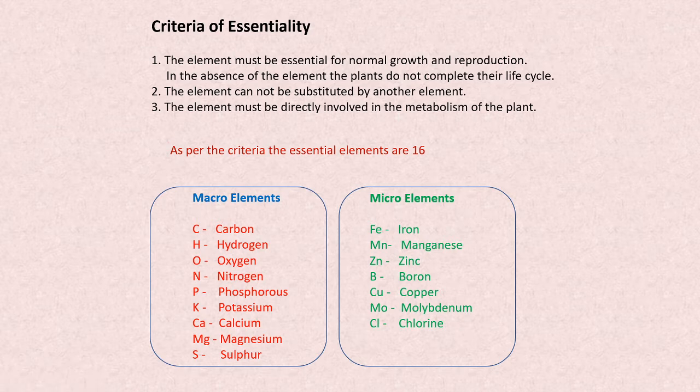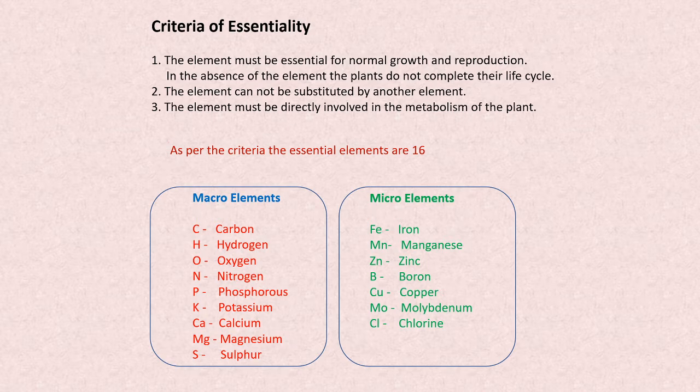Before going deep into the topic, let us first know what are the symptoms of a nutritional deficiency. That means if the plant lacks any of these essential elements, then what's going to happen? What are the deficiency symptoms that are going to appear in the plants?